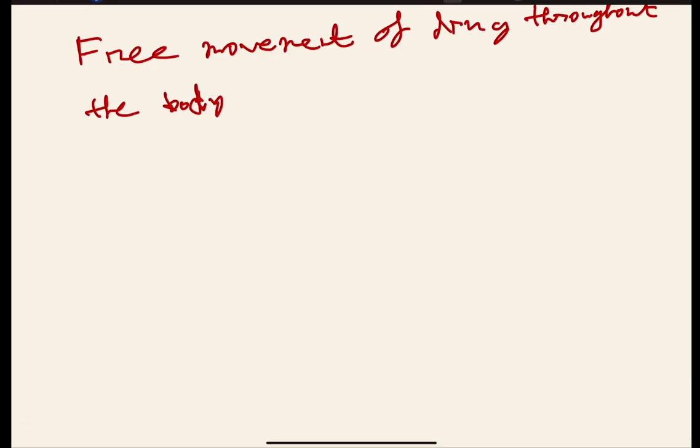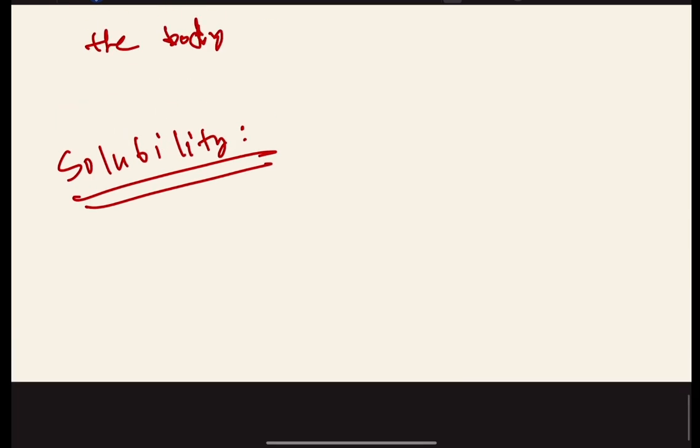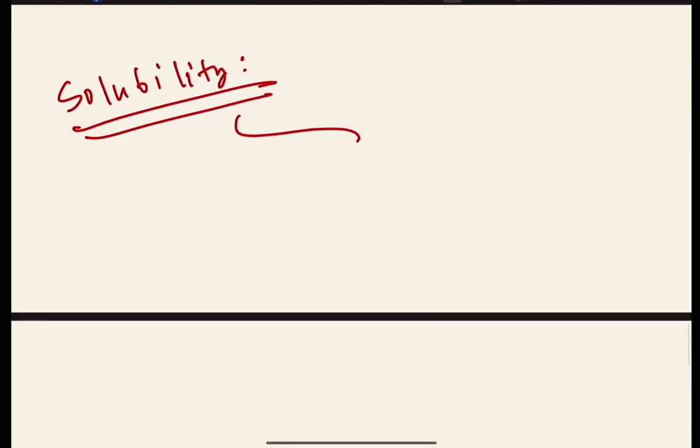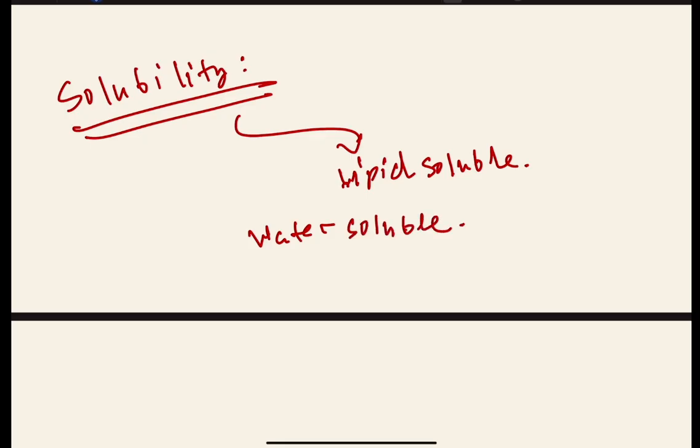In permeation, first of all, the topic I want to discuss is solubility. So the drugs are mainly lipid soluble, and they can be water soluble also. But most of the drugs are made as lipid-soluble drugs so that they can easily pass through the biological membranes.